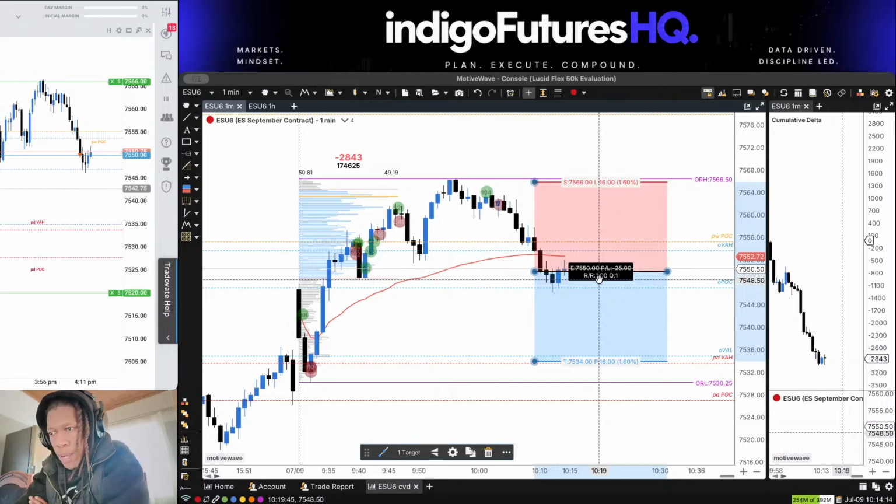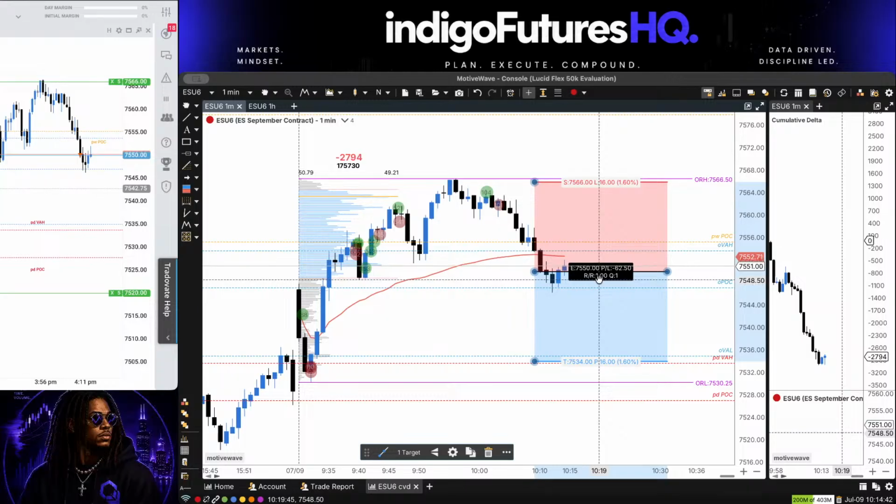Does VWAP protect it from going further up? Our VWAP is at 552.71.